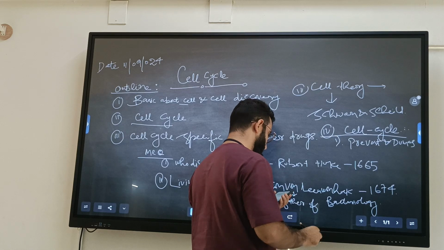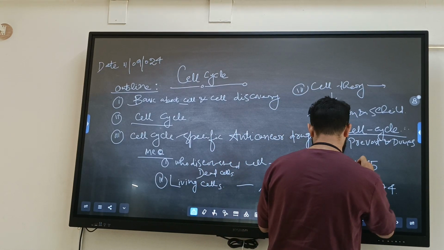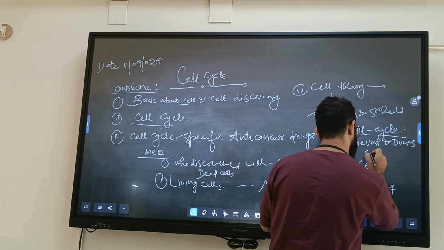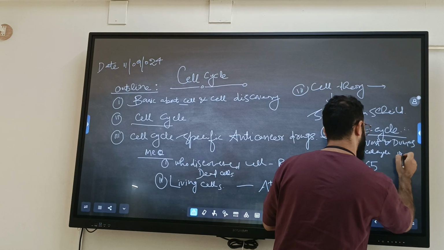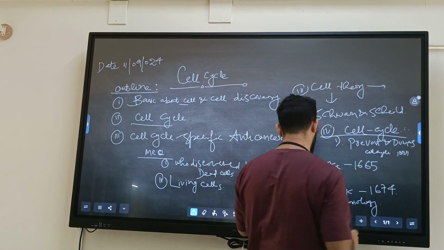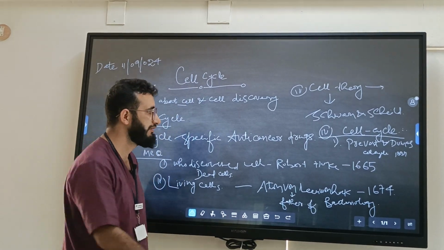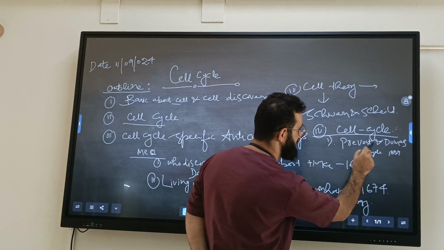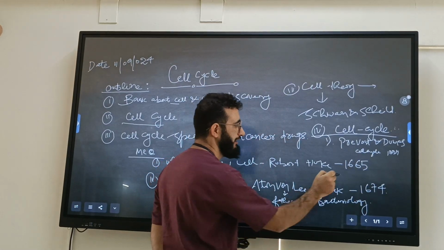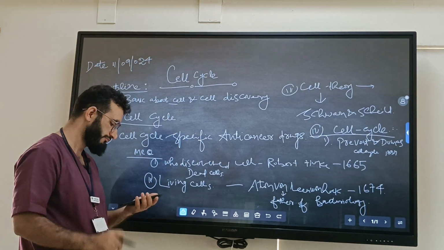They discovered the cell cycle in 1824 while studying the cleavage of the frog zygote.